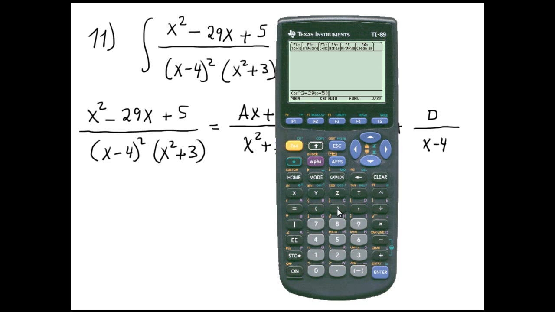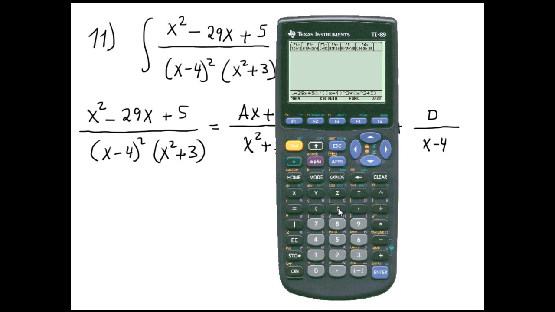And close the parenthesis to indicate this is the top part, divided by, open two parentheses, inside the first parenthesis, the bottom is x minus 4, squared, wait a second, squared, times, parenthesis, x squared plus 3.